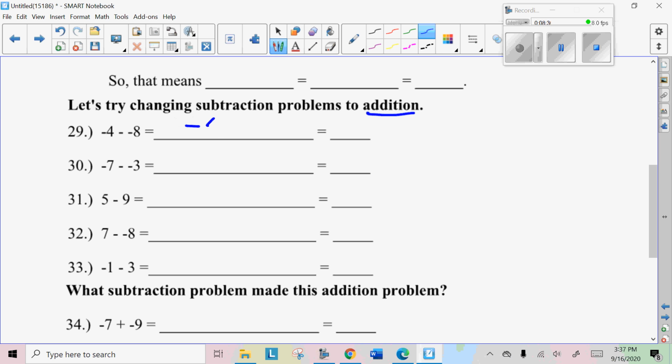Okay, so here's how I'm going to think about this. When you have a double negative, you're taking away a negative, which makes it a positive. So you get that, and then on a number line, you're going to start at -4. You're adding, which means you're facing the right, and a positive. So you're going to go 8 to the right of -4, which will put you at 4.